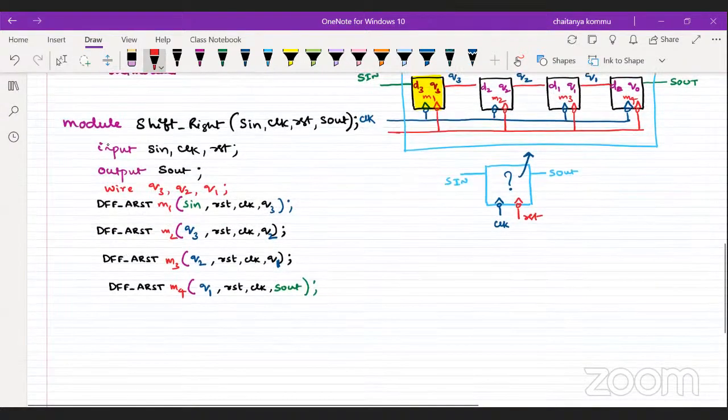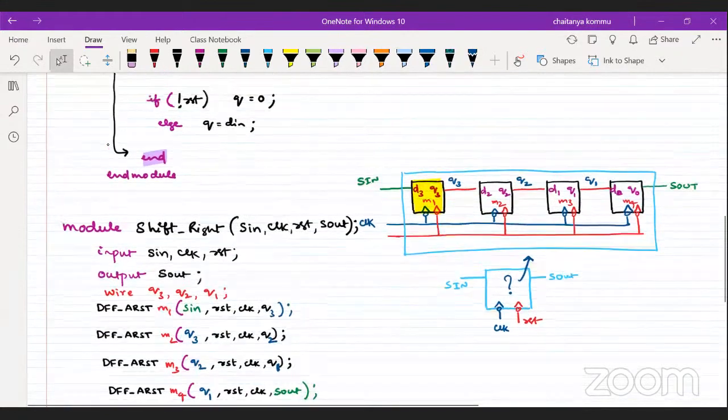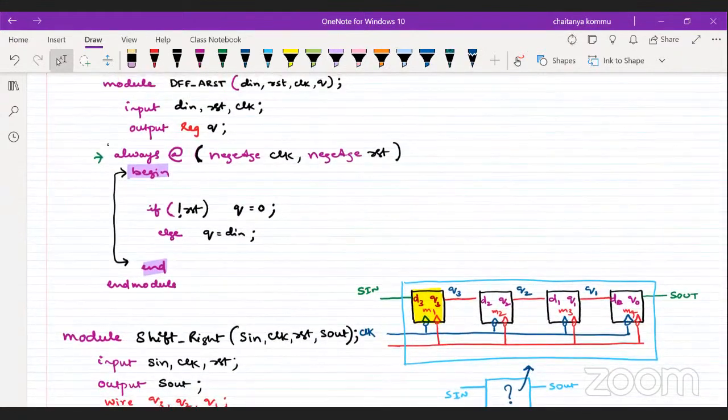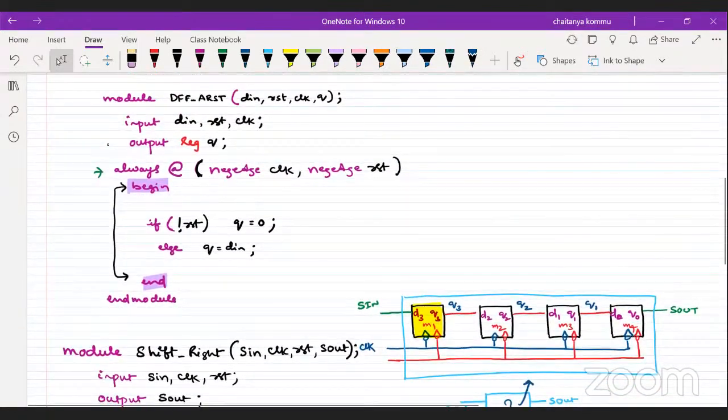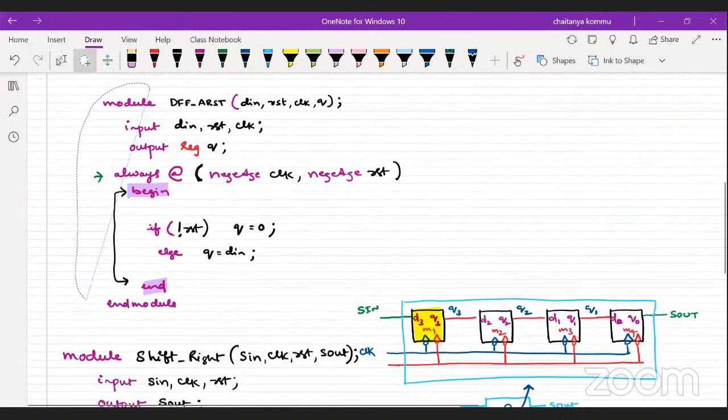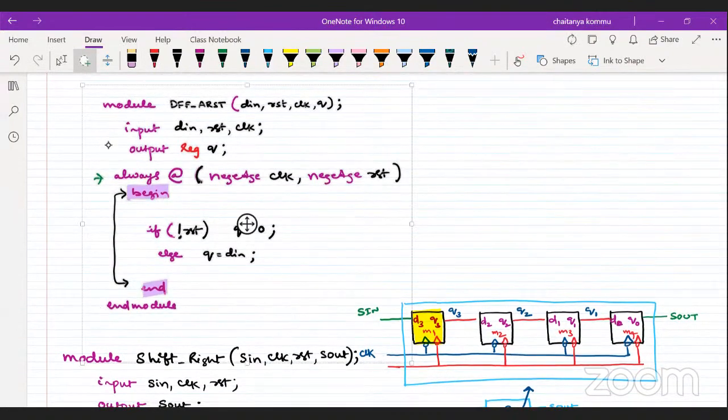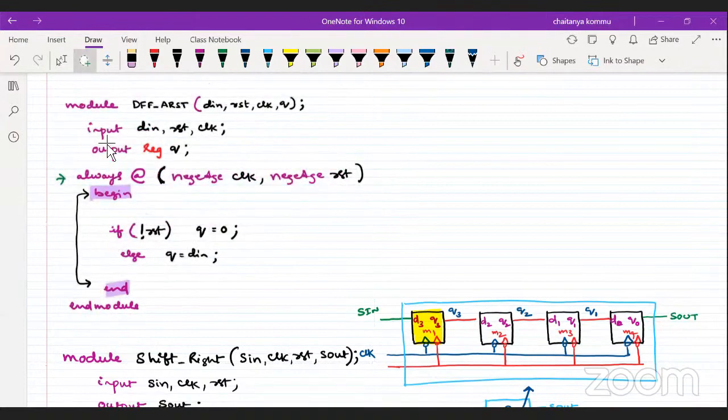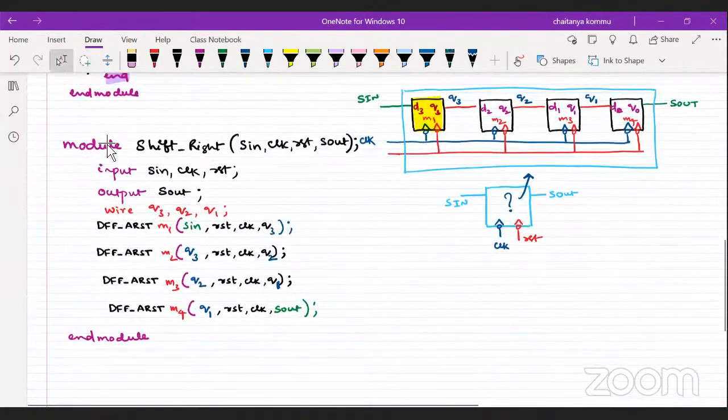Agreed? Now I want to end this module. Okay, that's it. I hope you understood the concept, whatever I have written here. So this is actually the module that is necessary in the structural modeling, and just I have followed the top level module.